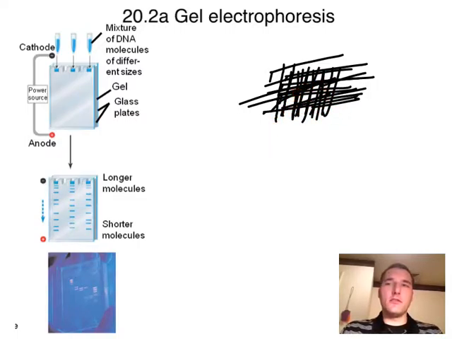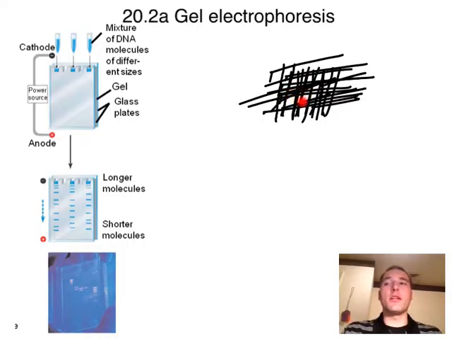And if DNA is the molecule that I'm trying to separate, and I find a way to have it pass through this gel with all the spaces that are there, these spaces are going to cause large molecules to slow down as they go through there, because they're going to get hung up on the fibers.